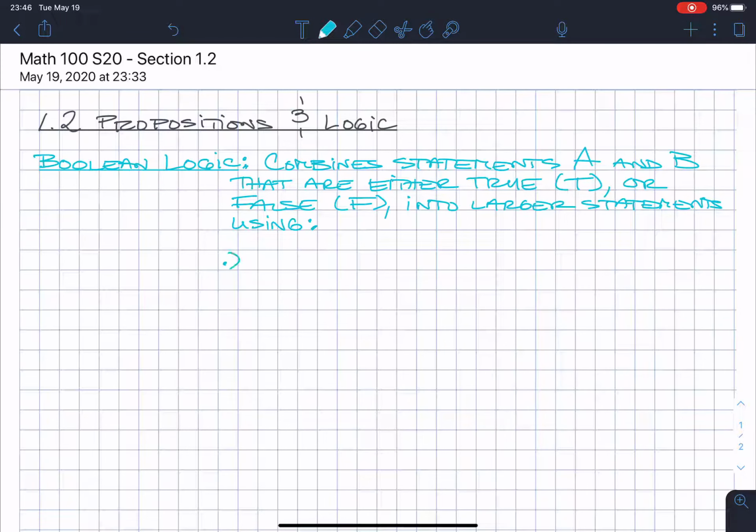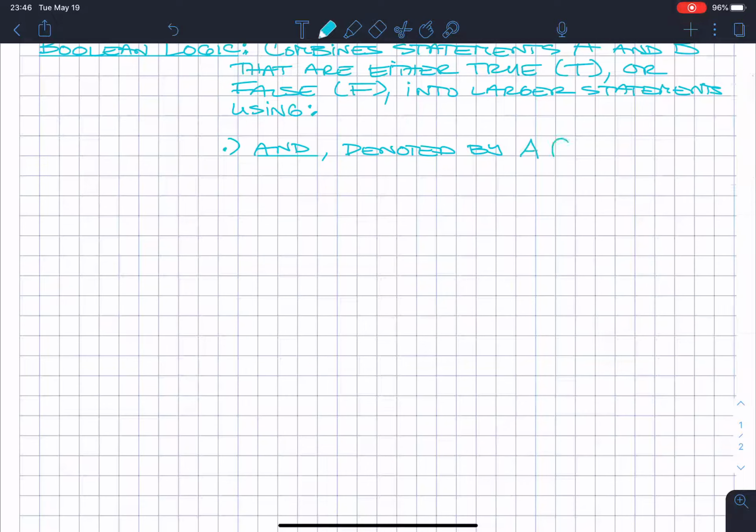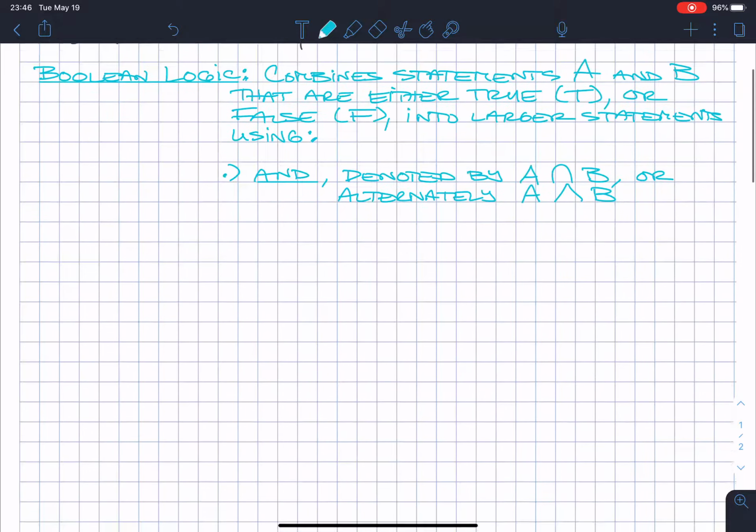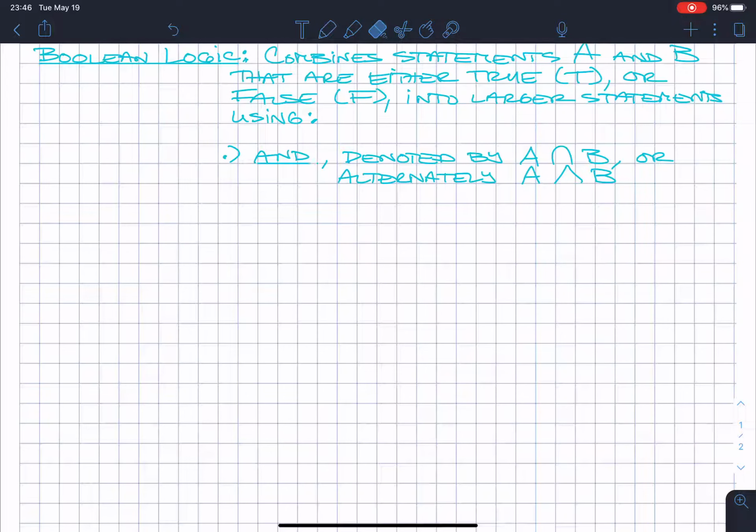The first could be and, so A and B, denoted by A and an upside down U, and then B. Alternately, sometimes it's given as A and an upside down V and B. Both of these mean the same thing. They mean the word and.